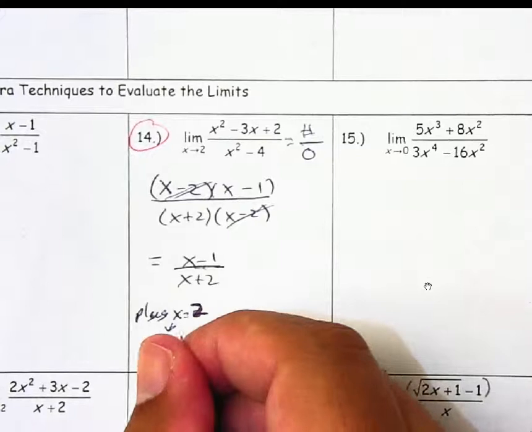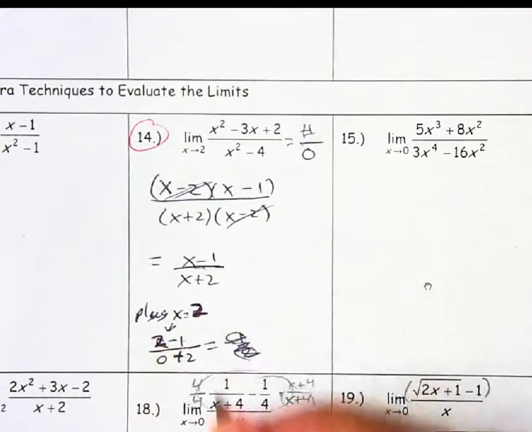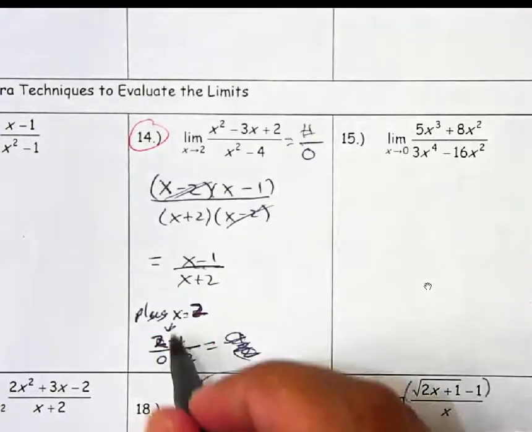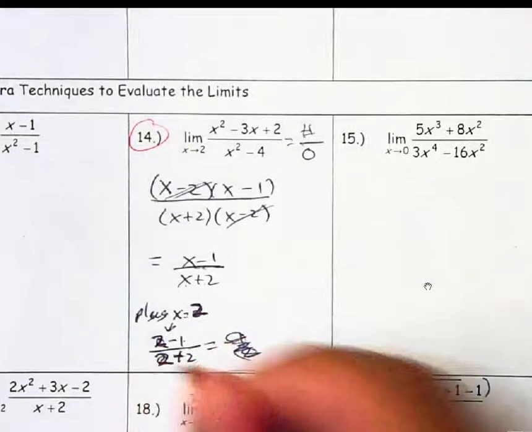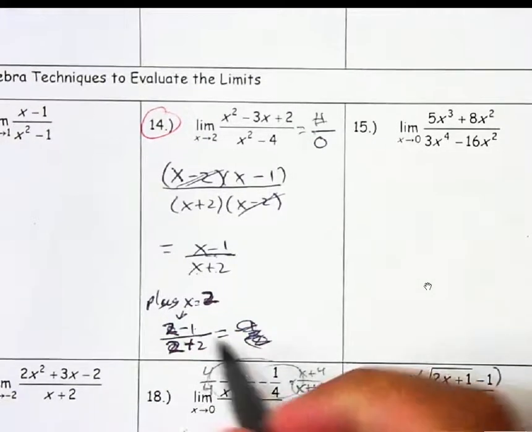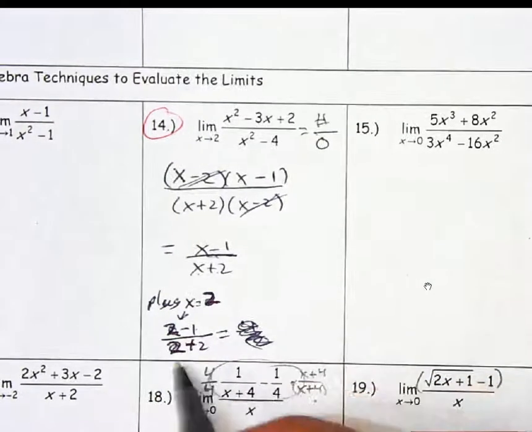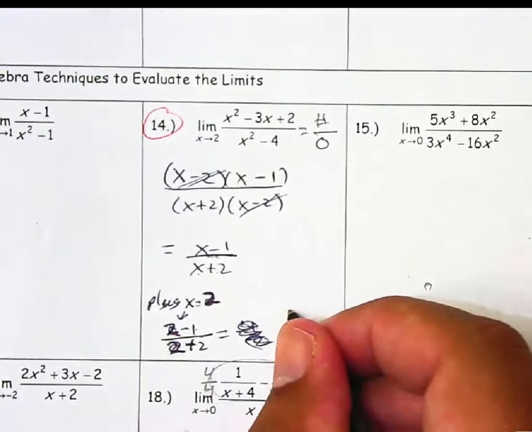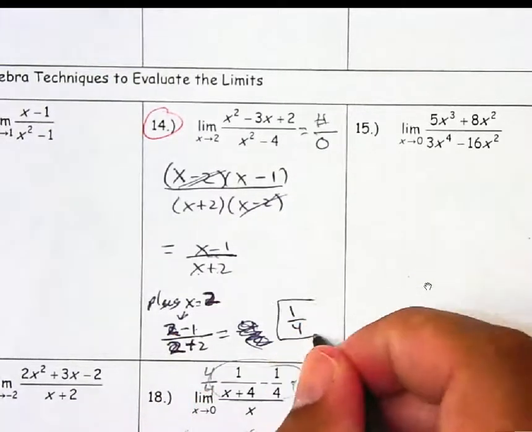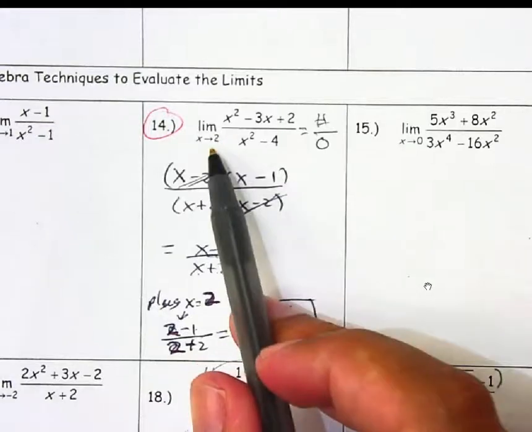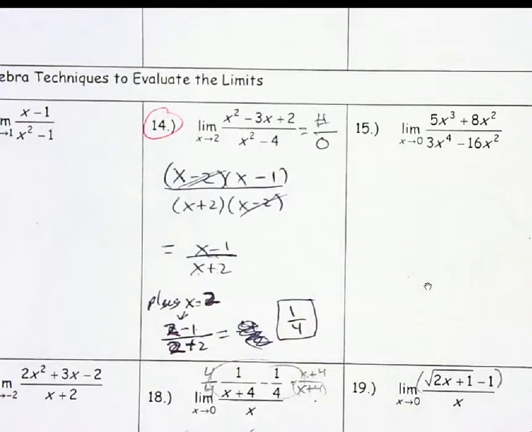So we get 2 minus 1, and then 2 plus 2. Okay, so then the answer is going to be 2 take away 1 is equal to 1, and 2 plus 2 is 4. So this is my answer. The limit as x goes to 2 is 1/4.